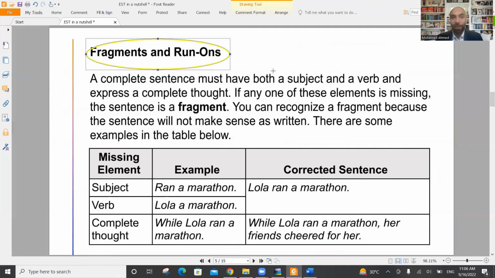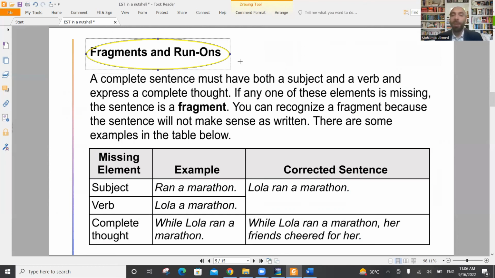Let's talk about each one, and at the end of the session, I'm going to give you some questions to answer. As I've told you, a complete sentence must have both a subject and a verb and express a complete thought. Independent clause. We talked about it before.